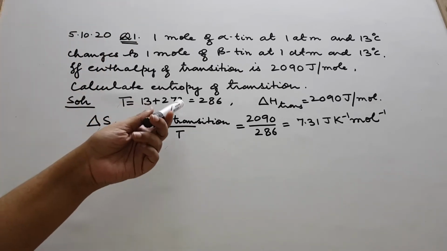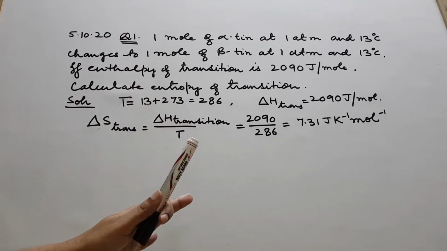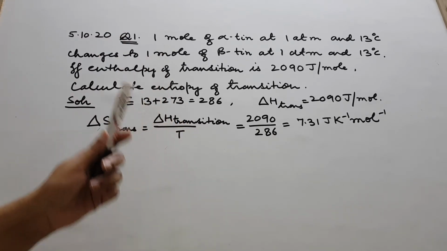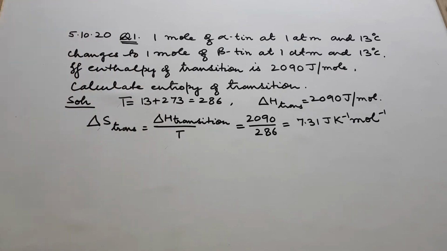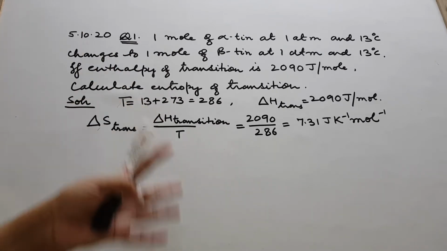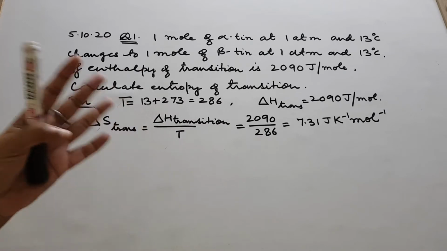So I was writing Q reversible upon T in normal conditions, but actually what is that Q? If nothing is mentioned, it simply takes the shape of enthalpy. It is nothing but the same Q measured at constant pressure.